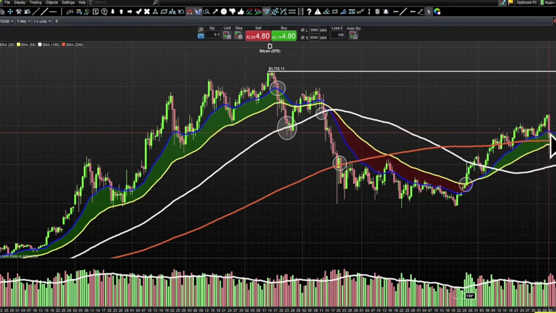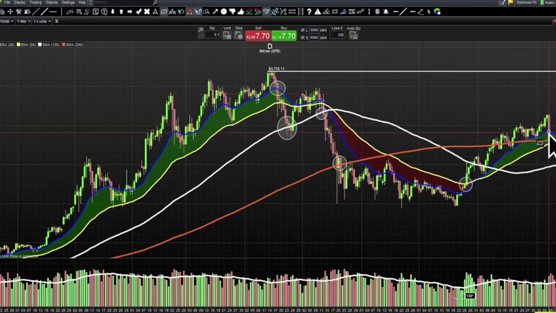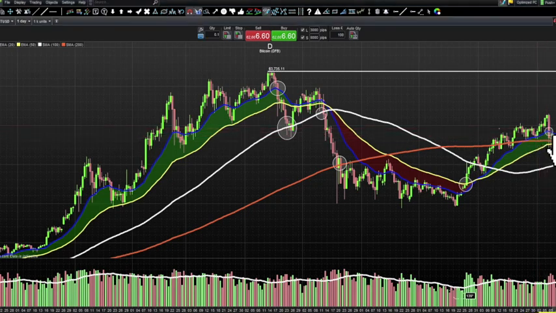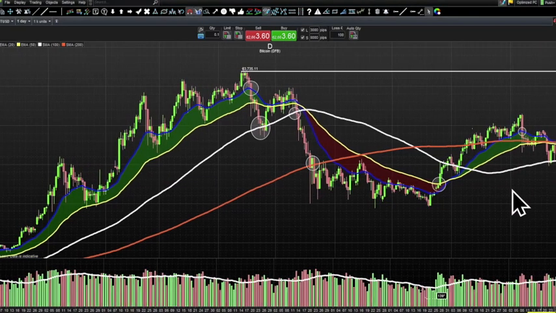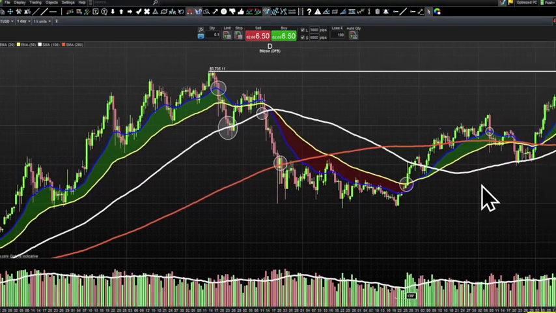Oh, that crossover. What we will do is exit right there, because at this stage it is away from the price, not touching the price, and it's crossing the very body of a big candle. So we exit there, and we will see what will happen.